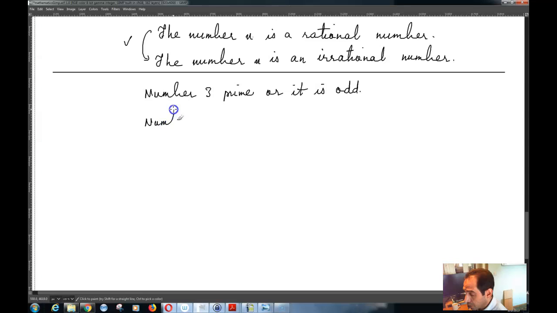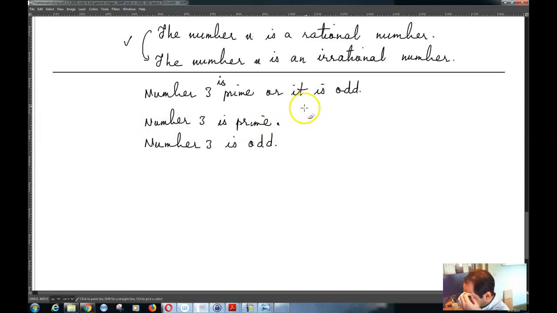So the component statements of this compound statement are number 3 is prime, and the next component is number 3 is odd.